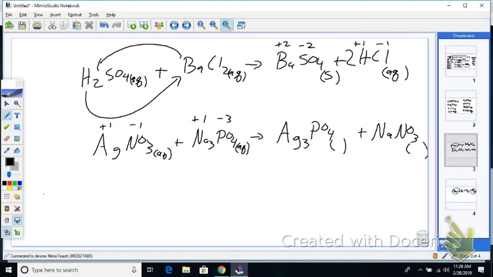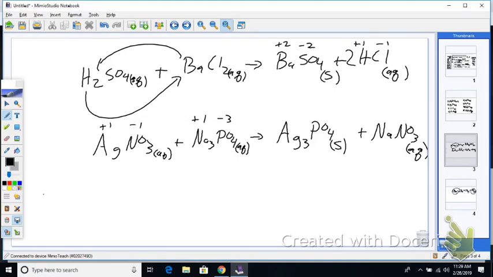Can they be flipped around? Yes, the position doesn't matter. All right, which one's solid? Ag3PO4, right? And NaNO3 is aqueous. So then you balance it.